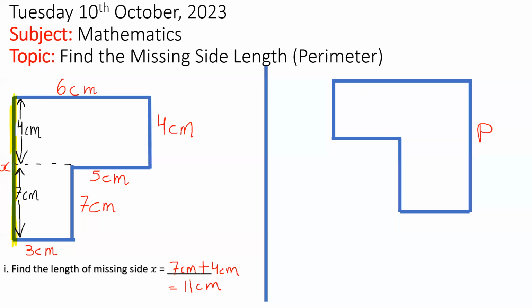And so I say that's P. Let's say that this is 9 inches. Let's say that this is 5 inches. Let's say that this is 6 inches. That's kind of longer than that, so let's call that 10.